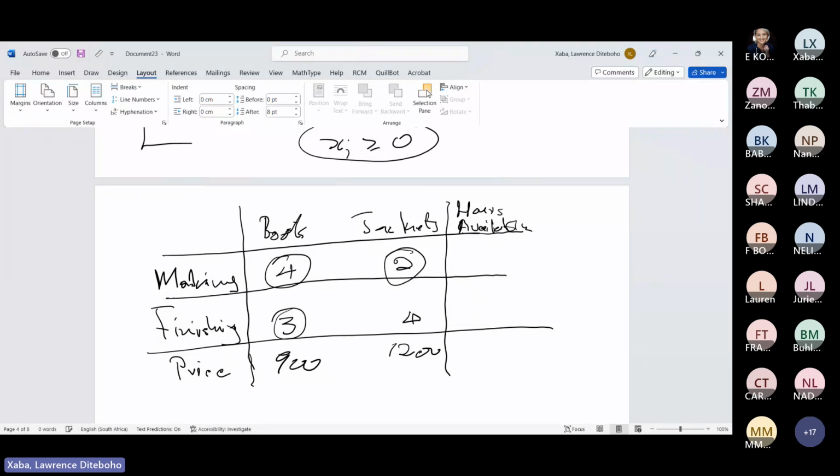Here is our 2. And 4 hours to finish the jacket. So we have 4 hours here. We are fine with that.